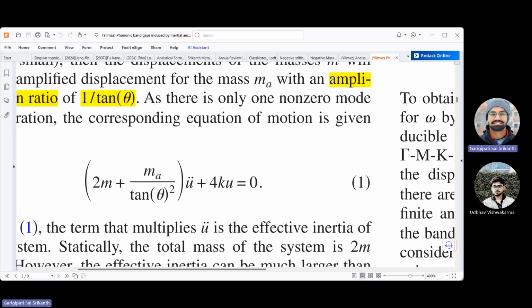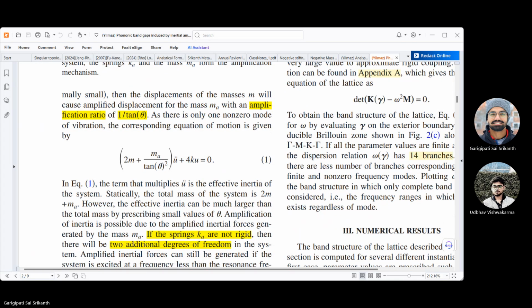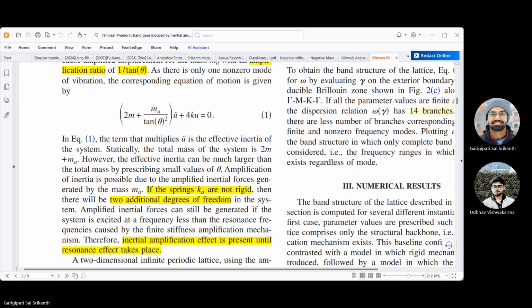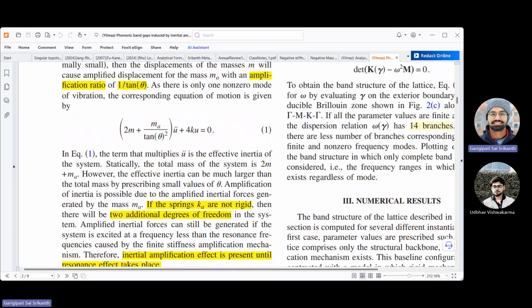What we see is that there's this additional term. Originally there was just m, or in this case 2m, but now there's this additional term. So inertia has increased, and I think somewhere they must have mentioned the dynamic mass ratio. Okay, yeah. So this is the new form.